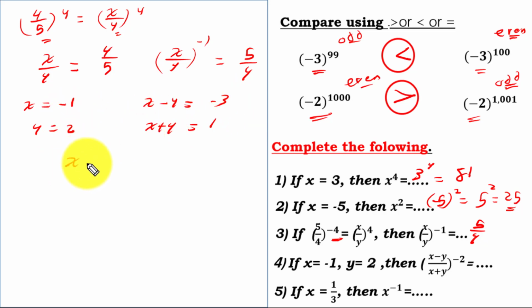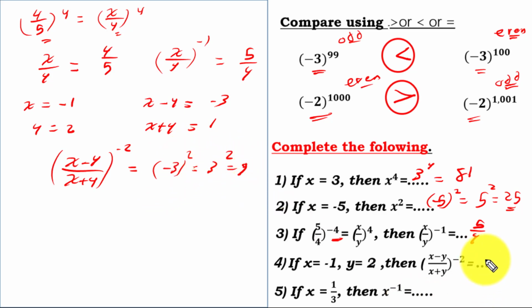So x minus y over x plus y raised to the power negative 2 equals negative 3 divided by 1, it will be negative 3 squared. We have here a negative base and an even power, it will be 3 squared equals 9. So the value of the expression equals 9.